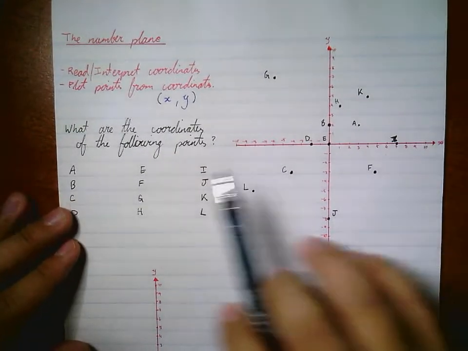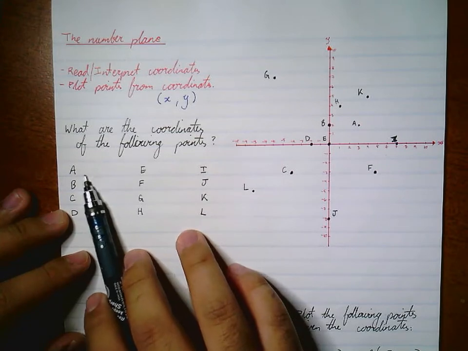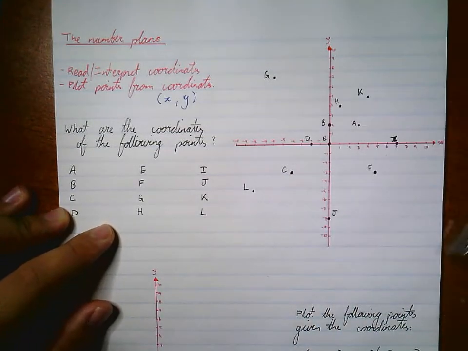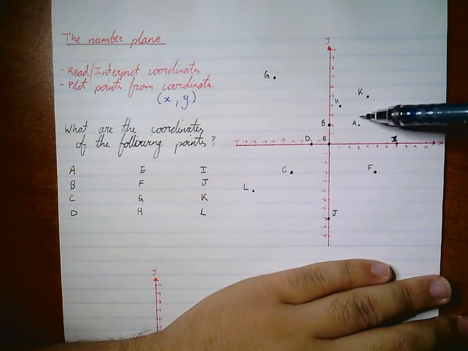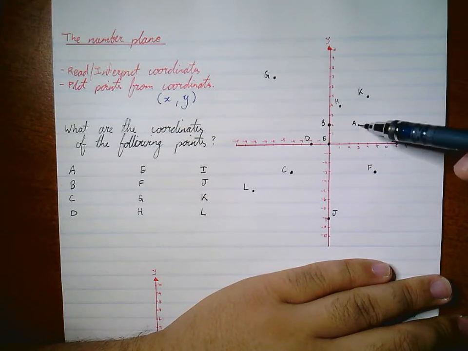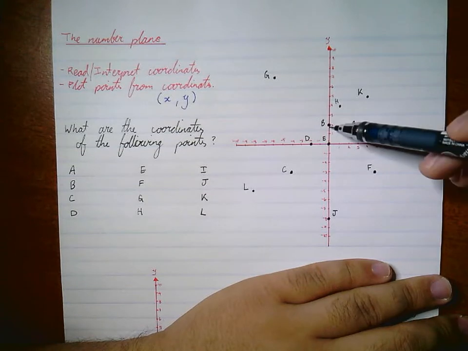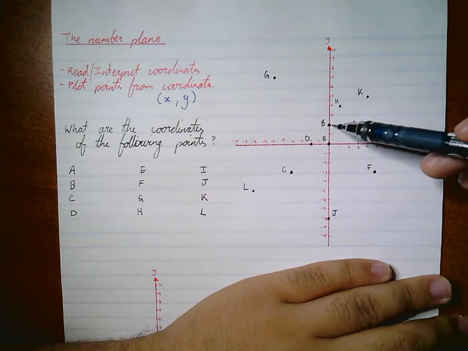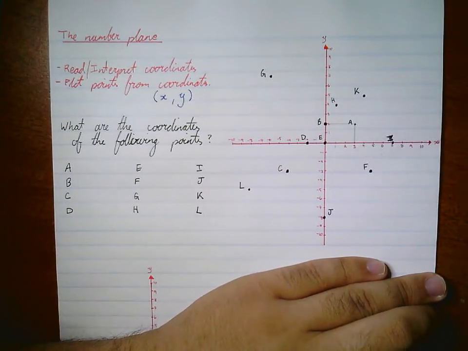So what are the coordinates of the following points? Let's first find point A here in our number plane. Here it is. If we draw lines, we can visualize this as well, but you don't have to actually draw them. We have 3 and 2, or 2 and 3.